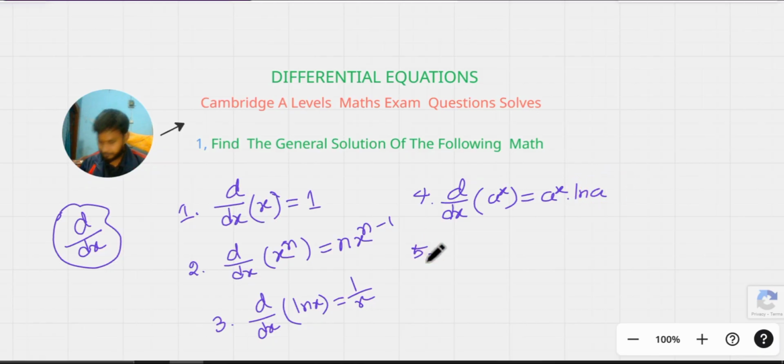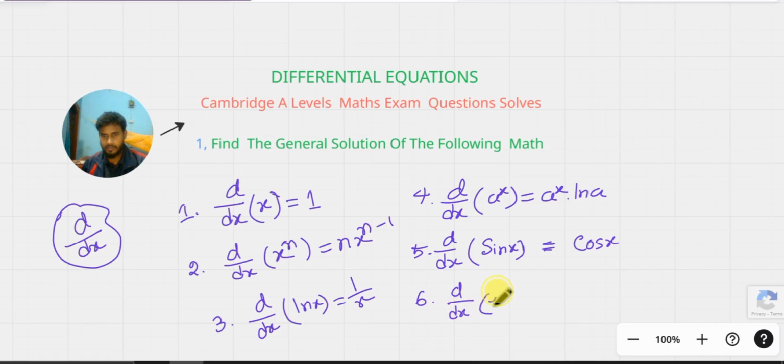Number 5 is d dx of sin x equal to cos x. If we differentiate sin x, we will get cos x. Number 6 is d dx of cos x, we will get minus sin x.